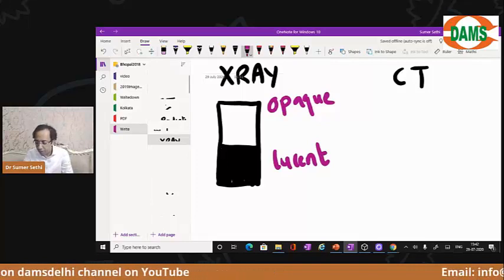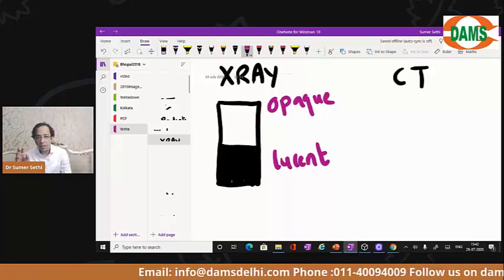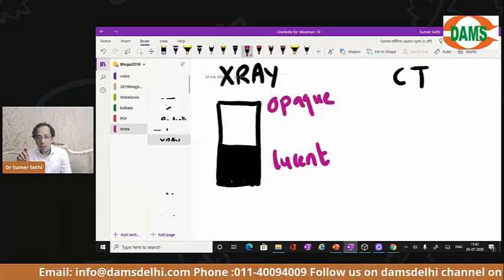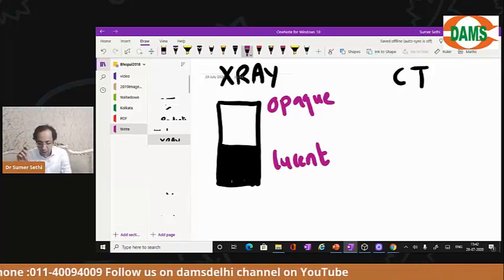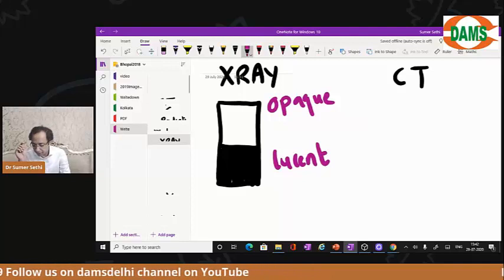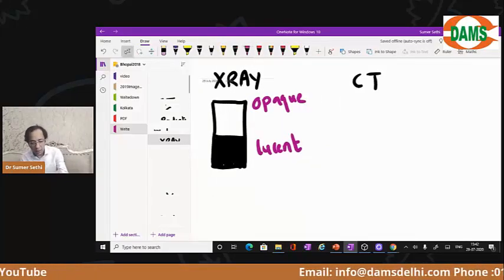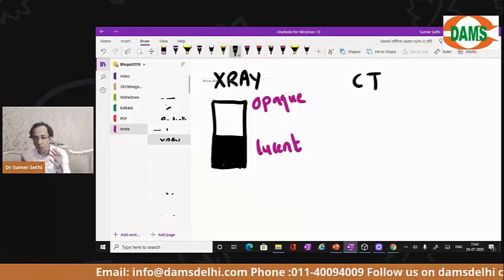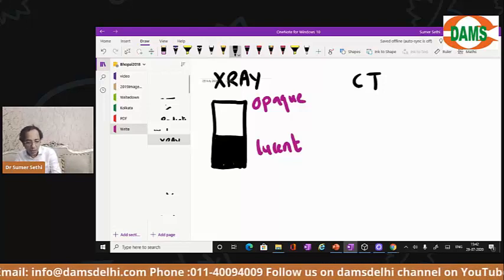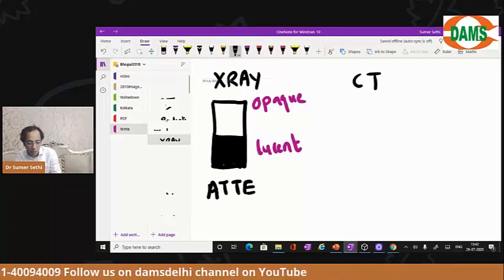So I want everybody to answer that. Please remember, if I see something white on an X-ray, I will call it opaque. If I see something black on an X-ray, I will call it lucent. Okay, everybody clear? Now imagine it here. Why something will appear black or white on an X-ray is based on the attenuation of the tissue.